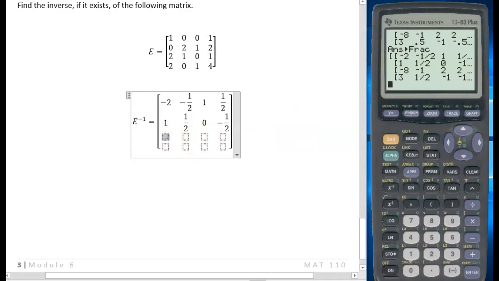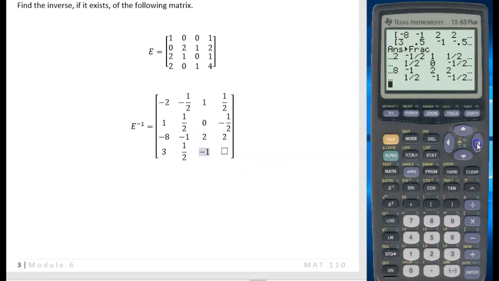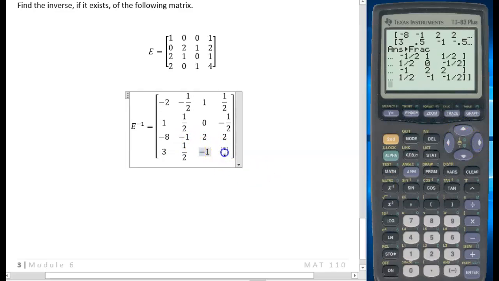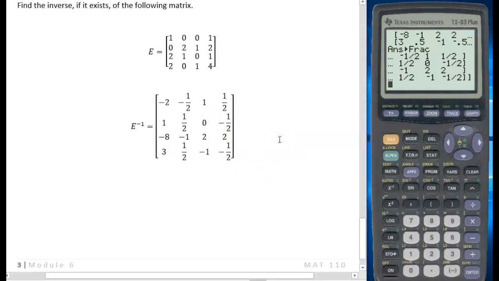Determinant is anything else, then it does have an inverse. Whew, we got it. So there we go.